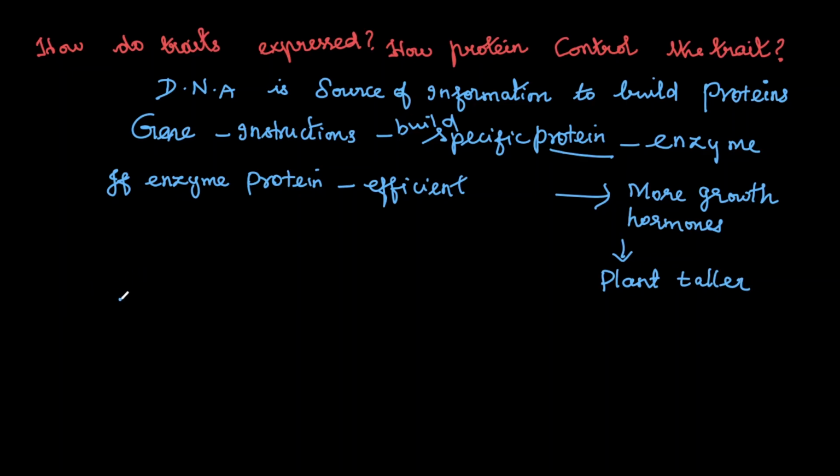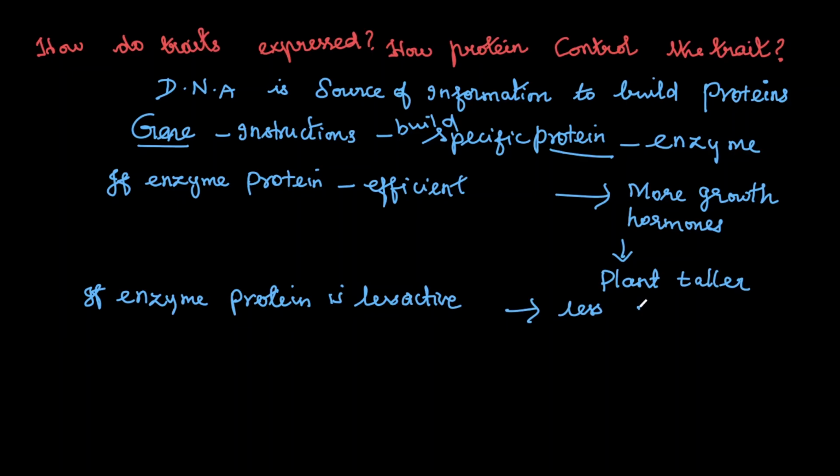But if the enzyme protein is less active, this information is actually in the gene. The gene has instructions on how effective the enzyme should be, or whether it should be less active. If the enzyme protein is less active, it produces less growth hormone.